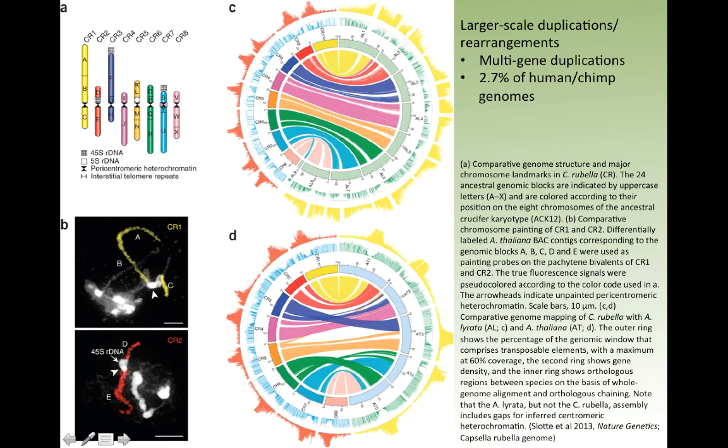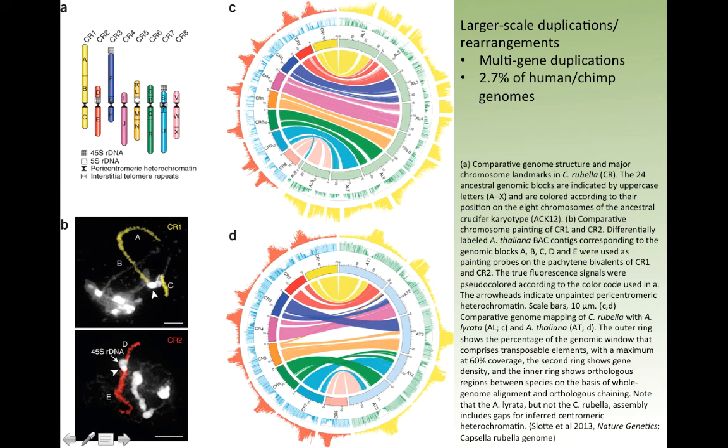You will notice that a small piece of CR2 has located over to AL1. Another thing we could notice is a small duplication event, where a section of C. rubella 7 goes over to Arabidopsis lyrata 9.